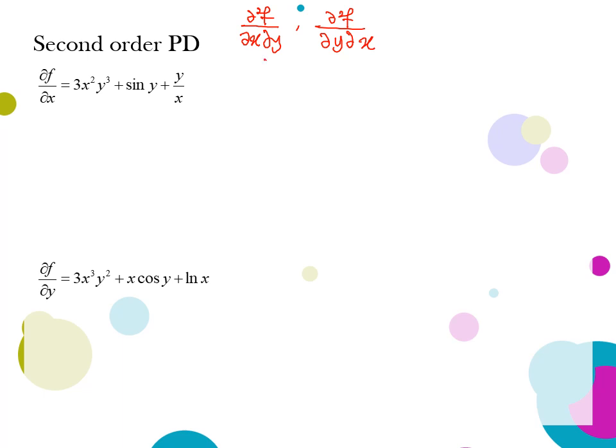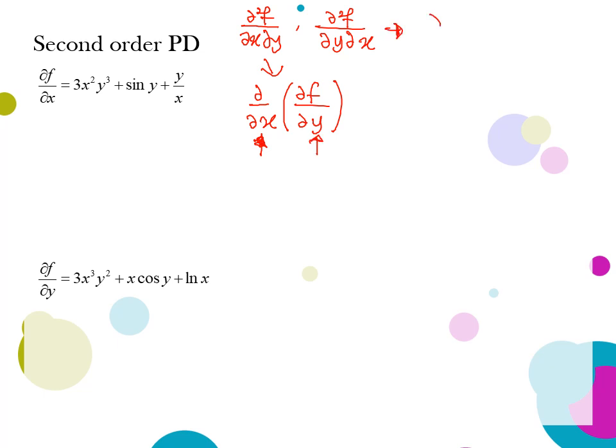So this one means you differentiate with respect to x first, followed by differentiating your f with respect to y. So make sure the first derivative is with respect to x, and when you perform the second time, forget about x, concentrate on y. Same goes to here.